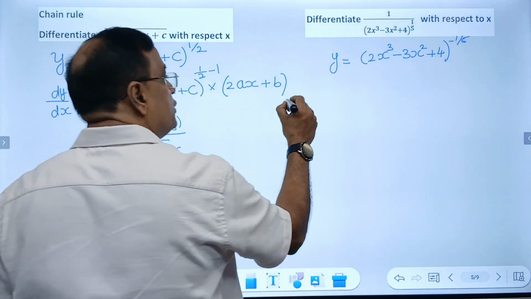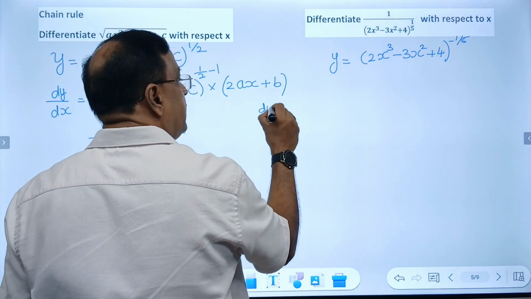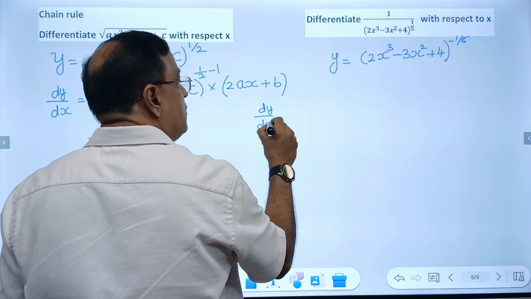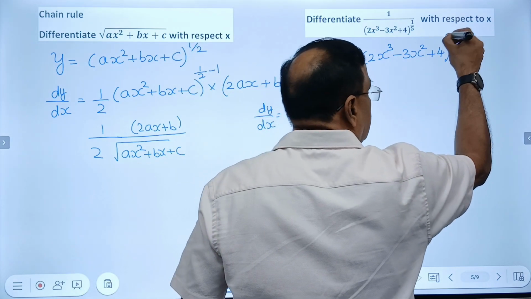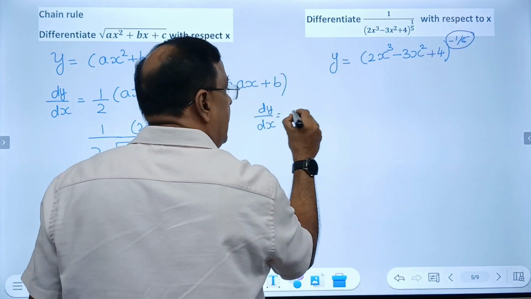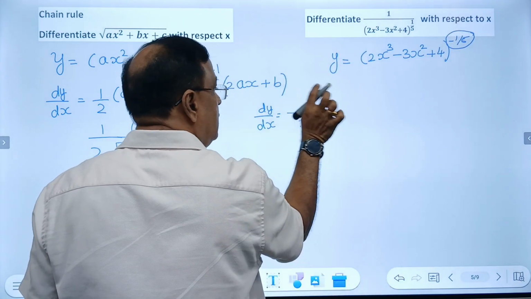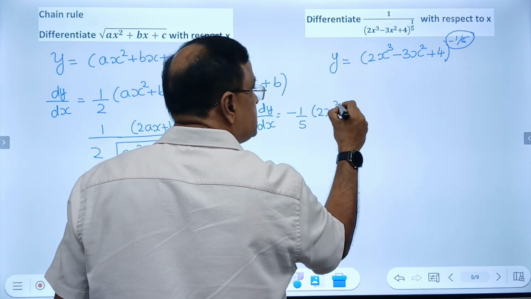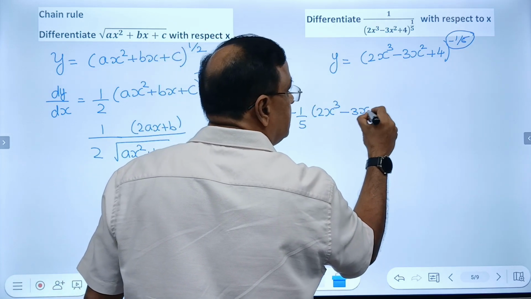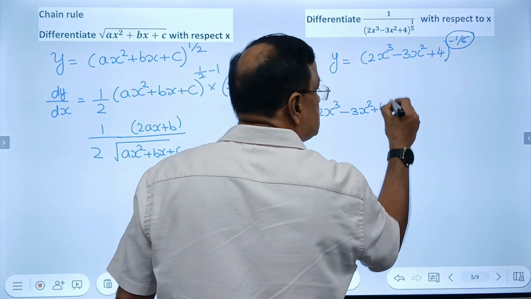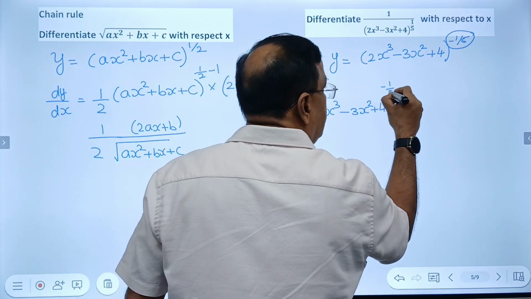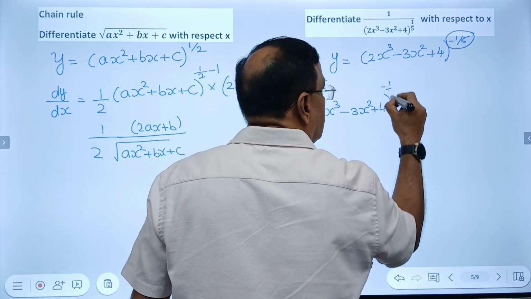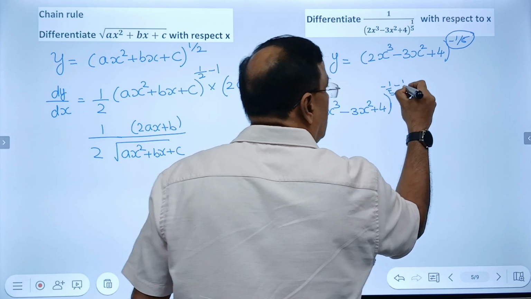Now I am going to differentiate, dy by dx. What do I see first? I see the power. N into x, where this entire term is my x: n into x to the power of n minus 1.